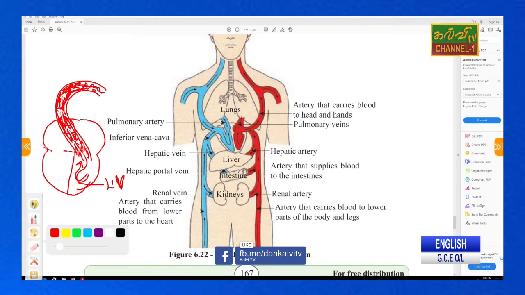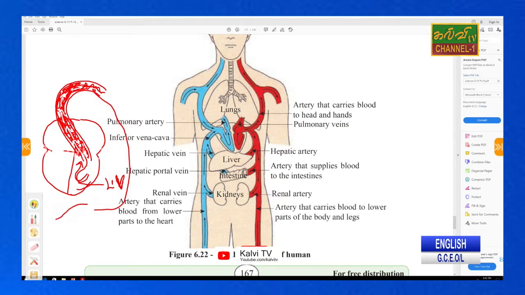After that, the aorta supplies each and every organ. Say the liver. Here we have mentioned in the diagram, see the liver, right? The liver gets oxygenated blood through the liver artery.